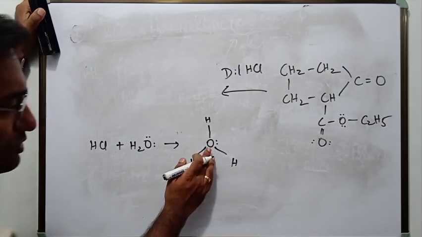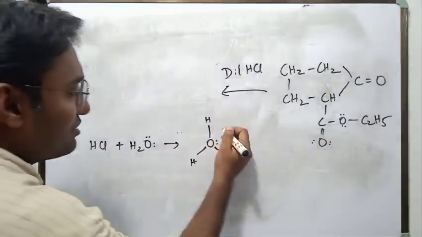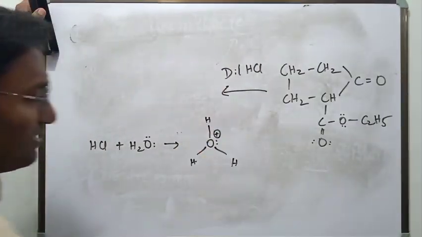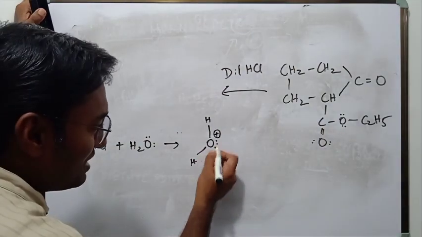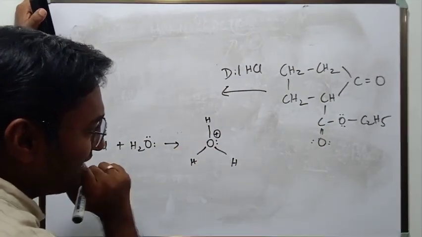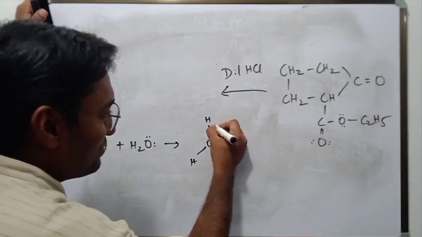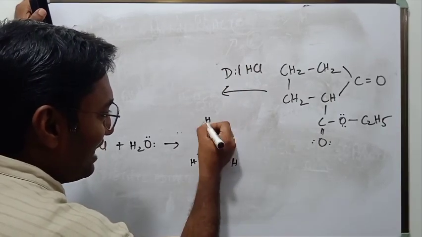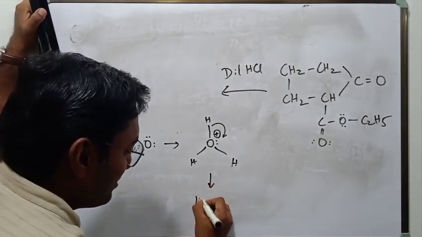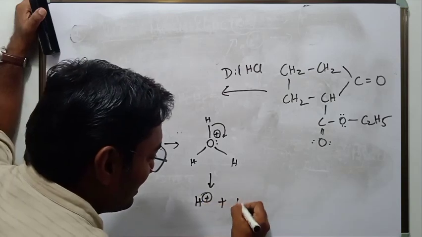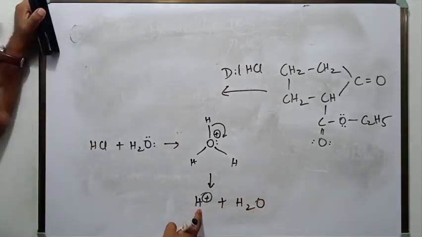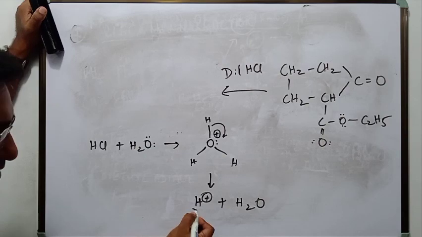Because oxygen has donated its lone pair to hydrogen, this would become positive. This is a very unstable condition, am I right? So oxygen tries to take the electron back and H plus goes out. So the net result is that H plus goes out. There is H plus generation here.